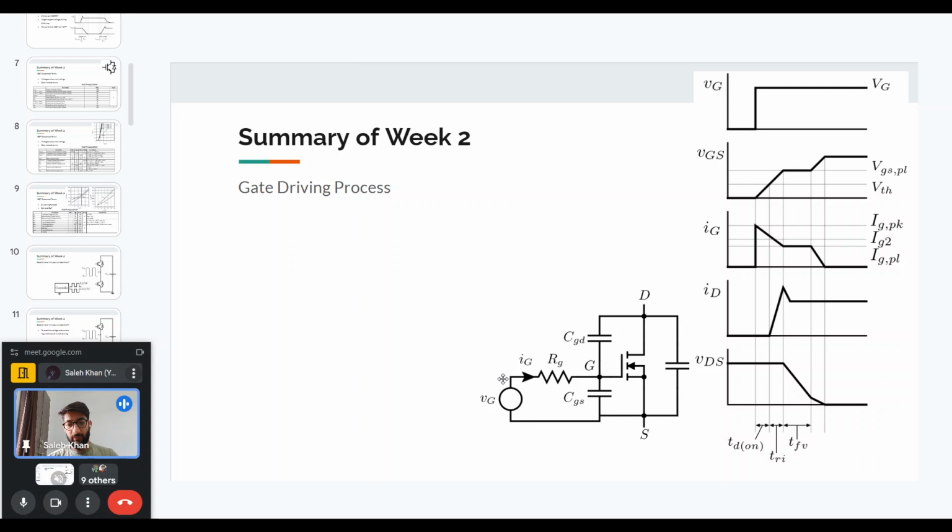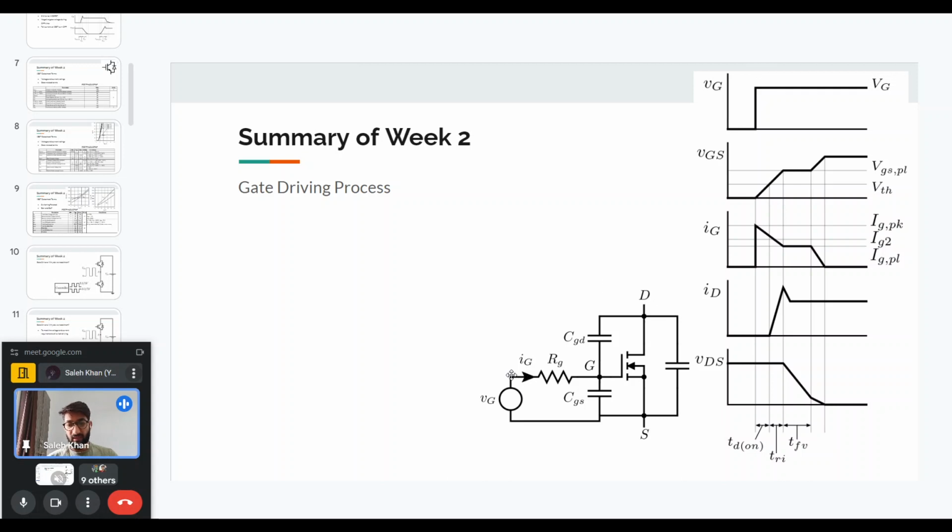So when the switch is off and we want to turn the device on, this VG will go from the off voltage, which can be 0 or -3, -5, and then it will go to the on voltage, which can be 15 volt, 12 volt, or something like that. So it will just go from 0 to very high within a very short duration of time.